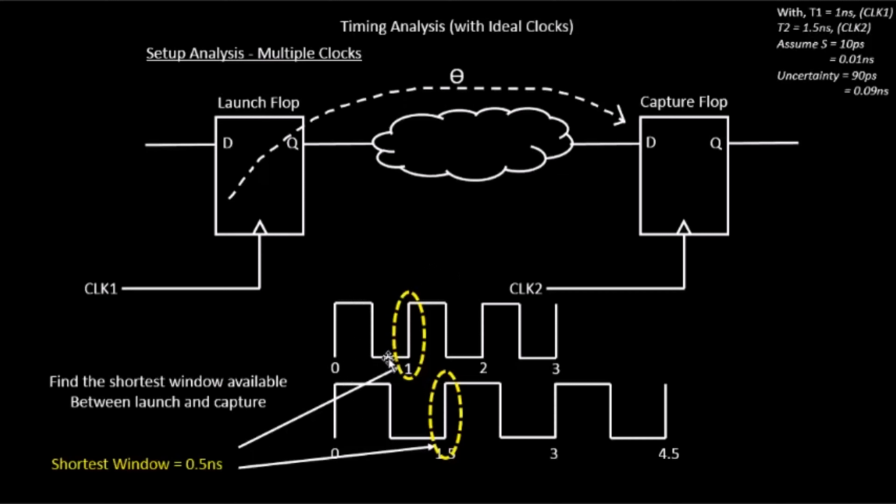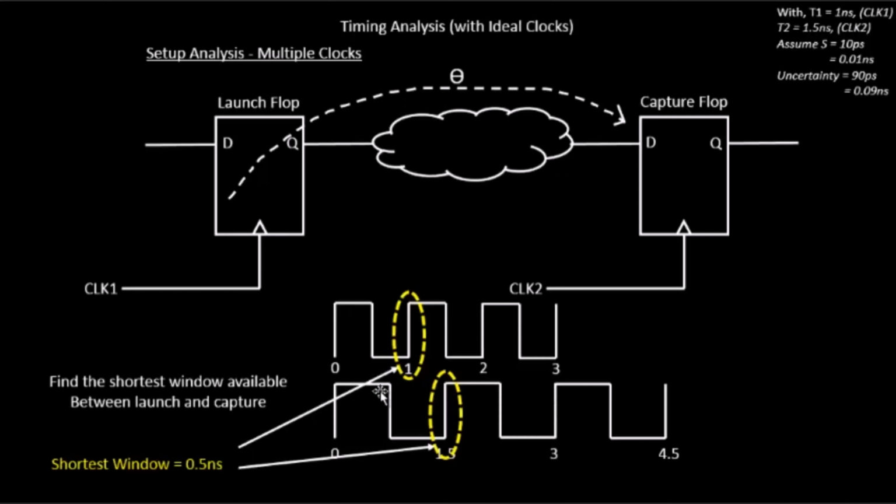So while we do things with multiple clocks, we have to take the worst case possible. The circuit might pass in the scenario where you launch your data with this rising edge and capture with this rising edge. The circuit will also pass with a scenario where you launch with this rising edge and capture with this rising edge.